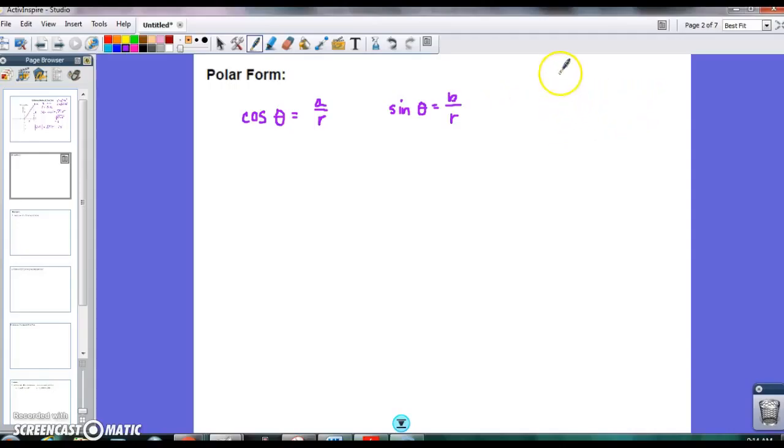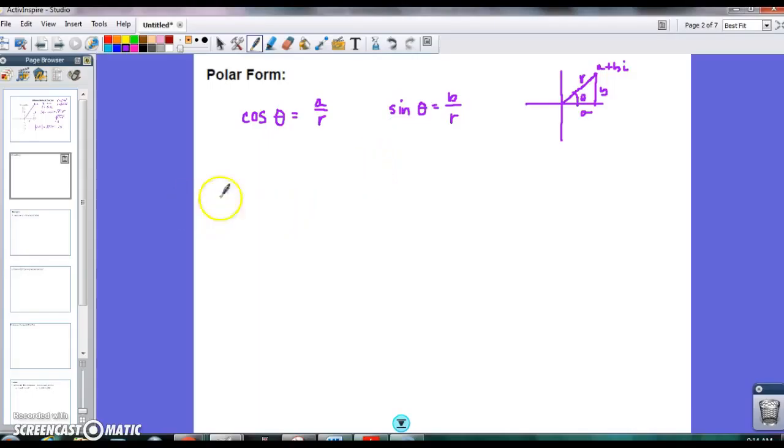If I were to take that same complex number and graph it in the polar plane, this distance would be a, this distance would be b, this angle would be theta, and that distance would be r. So this would be a plus bi. So if we think of the cosine of theta as a over r and the sine of theta as b over r, that's where those two equations come from.